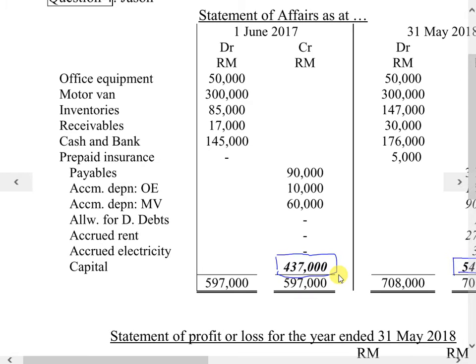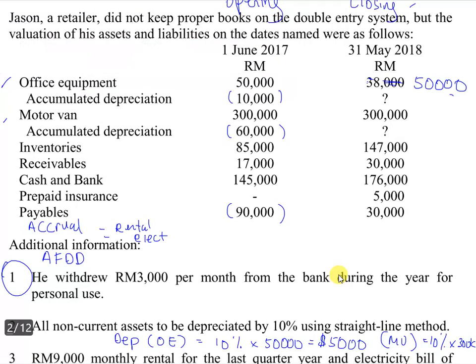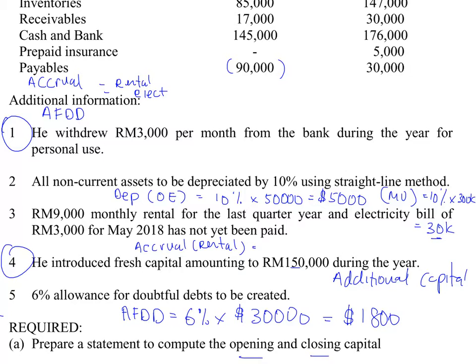Continue. Note 1: he withdraws 3,000 per month from the bank during the year.